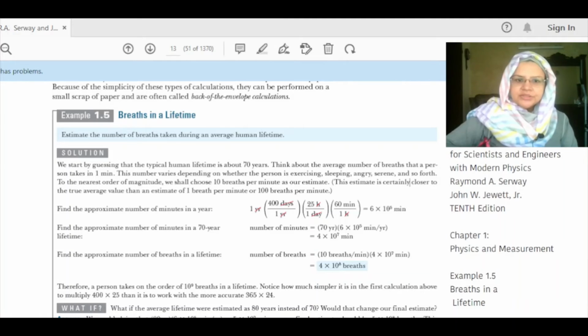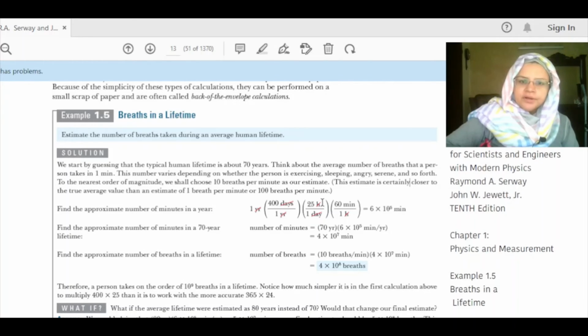In the last lecture, we learned the advantage of carrying the units along. We want to convert year into minute. 1 year is in the numerator, so we'll place 1 year in the denominator, and that is equal to 400 days, which is placed in the numerator. Then we want to cancel the days and get the answer in terms of hours, so we'll place 1 day in the denominator and hour in the numerator.